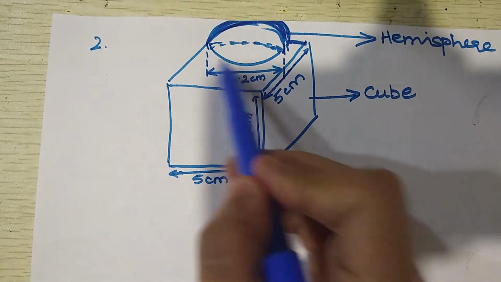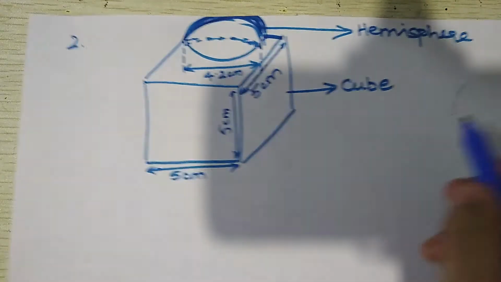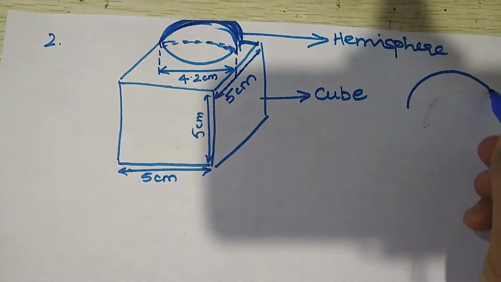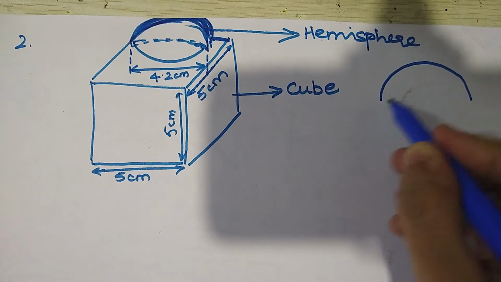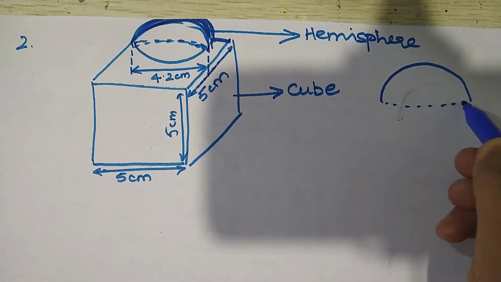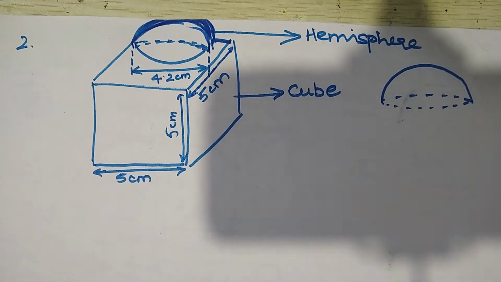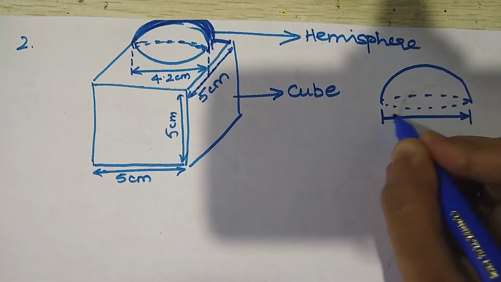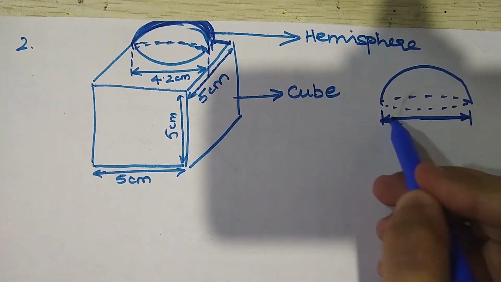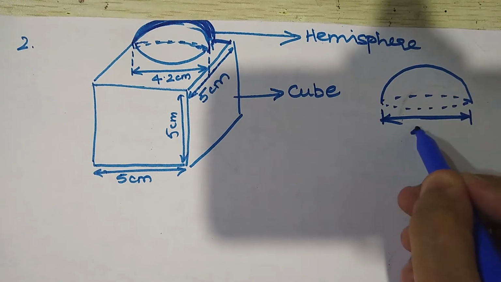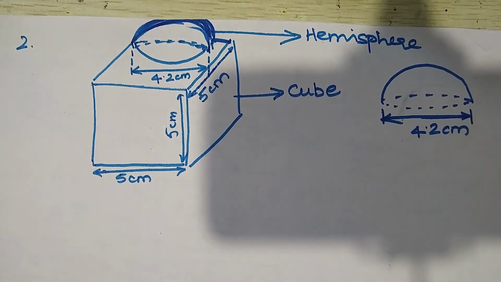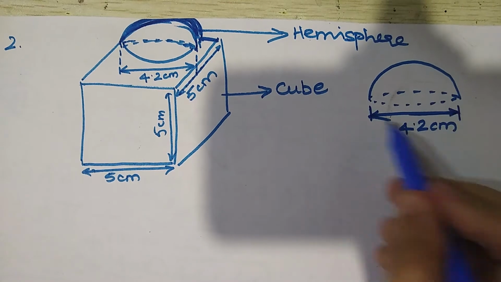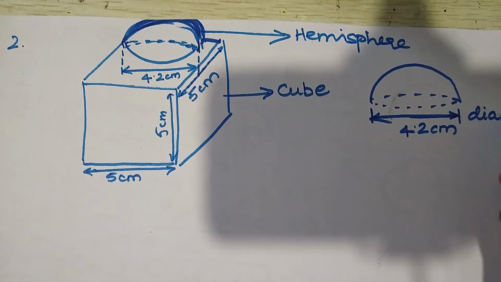So, anyway, the diameter of the hemisphere is given. So, if this is a hemisphere, then if this whole thing is marked and given a dimension of say 4.2 centimeter, then this whole thing makes up a diameter.